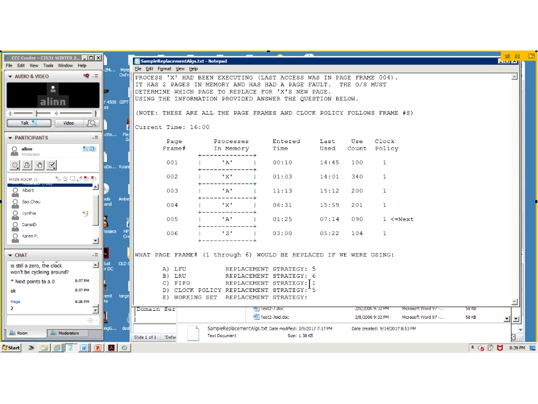Anybody? I mean, you're correct, but why? Why wouldn't I do 4? Oh, you're looking at the use count. Don't look at the use count.